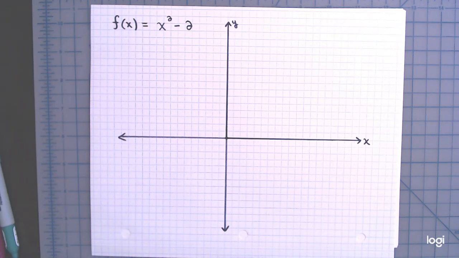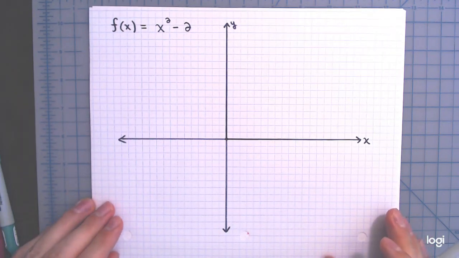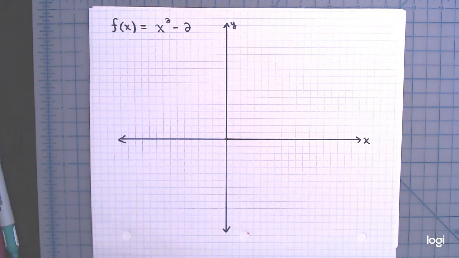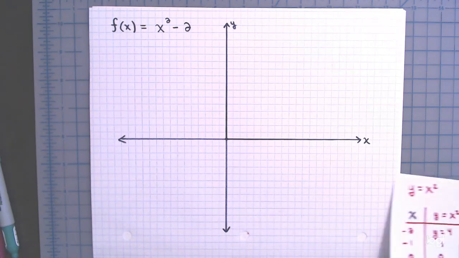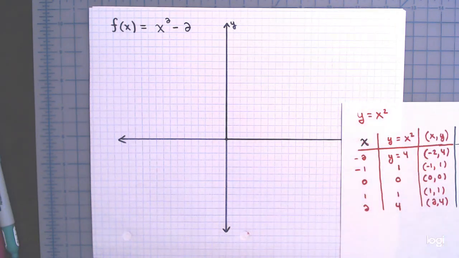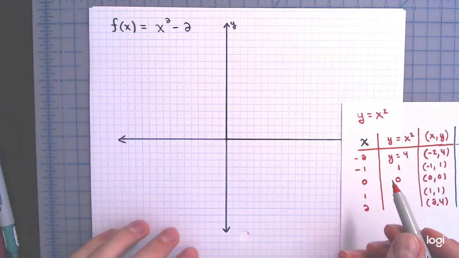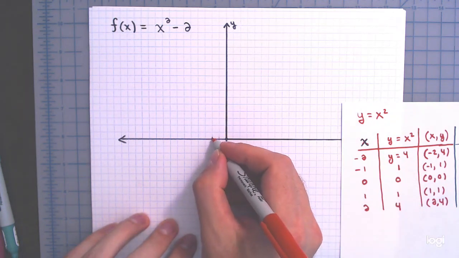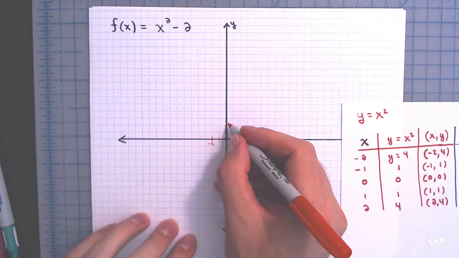Alright, so as before, I'm going to first graph y equals x squared. Bear with me here. This is going to be the same 5 points from this table. There's y equals x squared. I'm going to put the same 5 points down. So -2 on the x, 4 on the y.